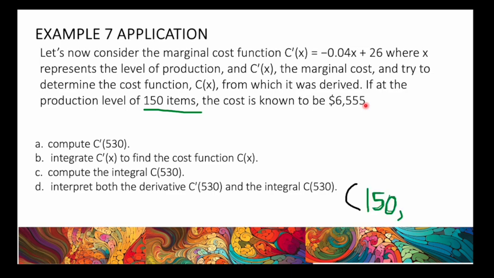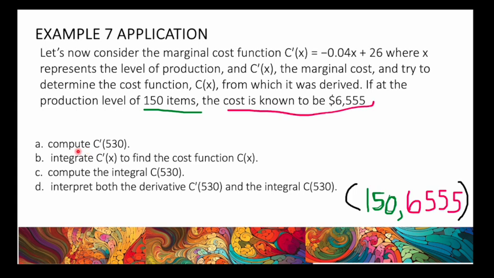So if we write this in terms of coordinates, we have 150 as X. Then it says that the cost function is known to be 6,555. So that's our output. So we have our X and our C of X now. And we have a point that we can use to find our exact cost function.